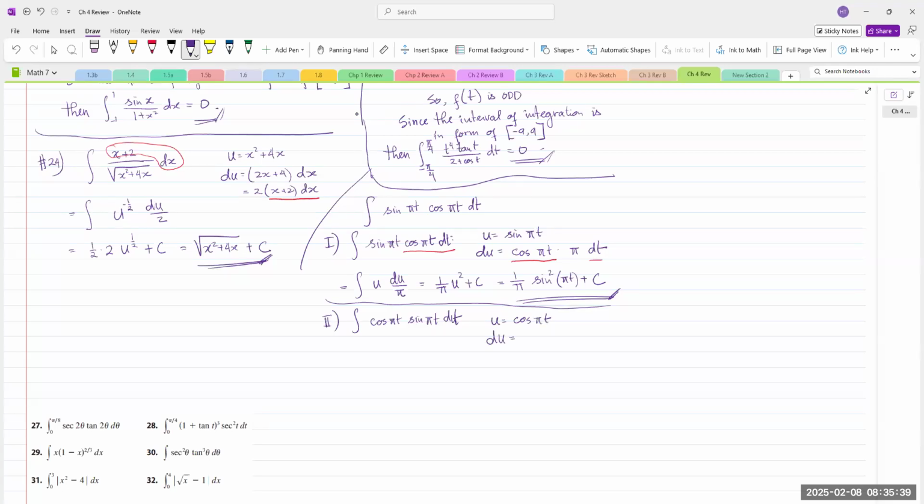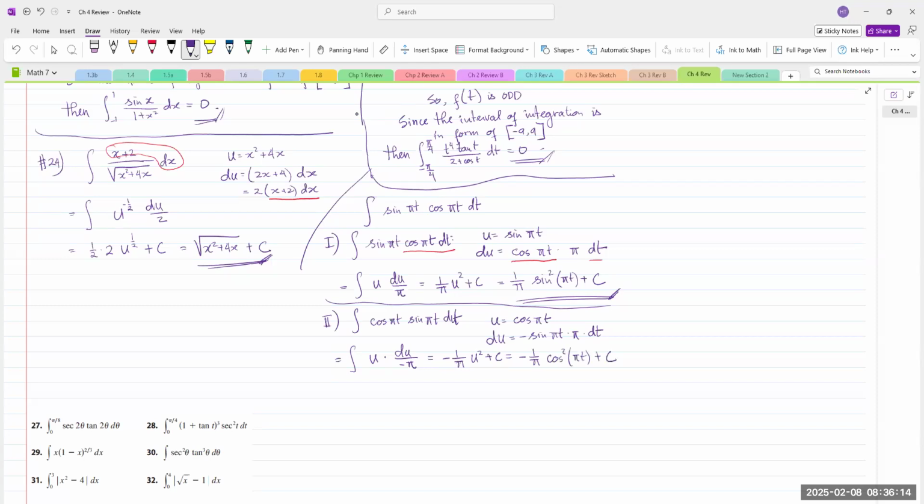And du will be negative sine pi t times pi times dt. So this becomes the integral of u times du over negative pi, which gives us negative 1 over pi u squared plus constant. That's negative 1 over pi cosine squared pi t plus constant.